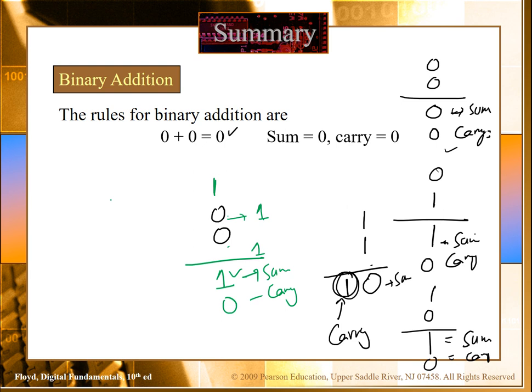Now if we add this carry to this number, 1 plus 1, we know the rule: we will get 0 and carry 1 here. And 0 plus 0 will give 0 plus the carry 1, so the sum is 1 and the carry is 0.